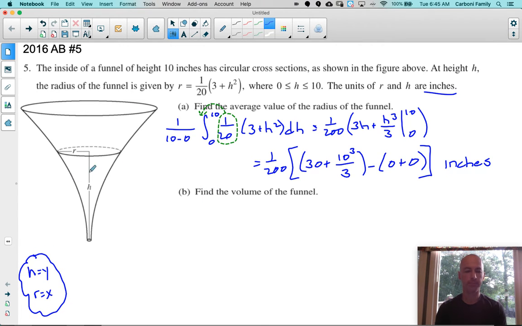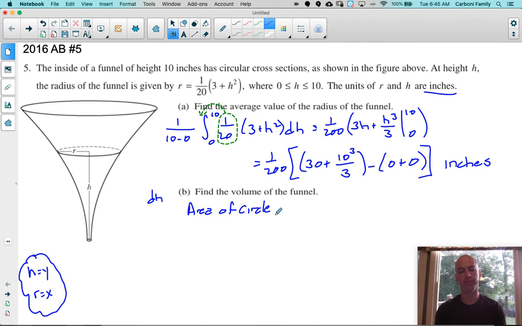And so my cross sections, they're horizontal and they're perpendicular to the H axis. And so this would be a dh problem. So we're going to do this with respect to h, and my area of the cross section is a circle.